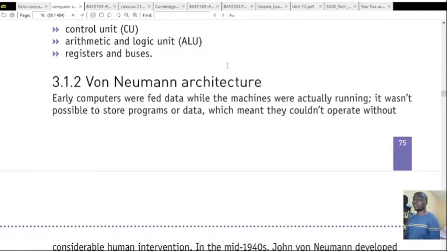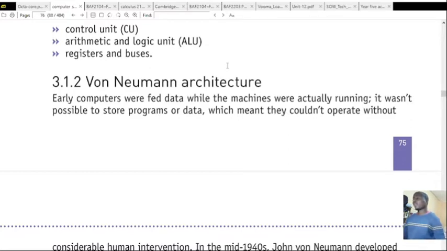So it was not possible for computers to operate optimally, because there was no means of the computer itself having instructions and data, or a way of storing data and accessing it in a manner that would not be influenced by human beings.